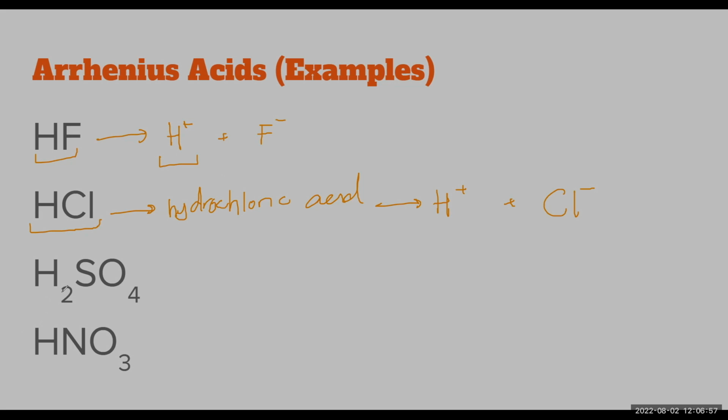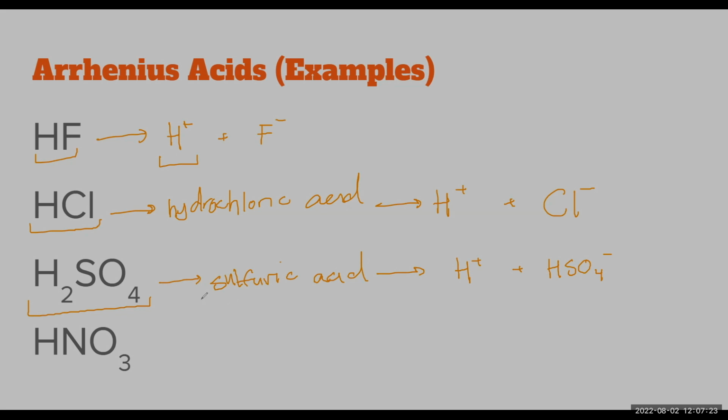Another example of an Arrhenius acid is H2SO4, which is sulfuric acid. We can see that it will break up into the H plus and also an HSO4 minus ion.